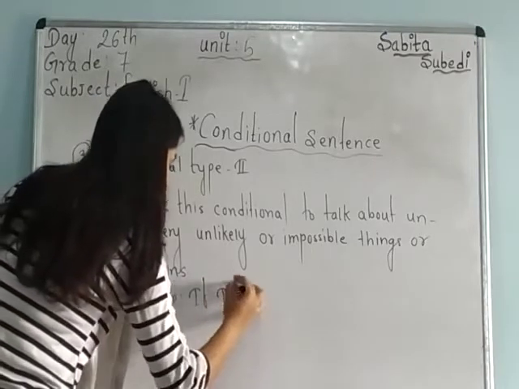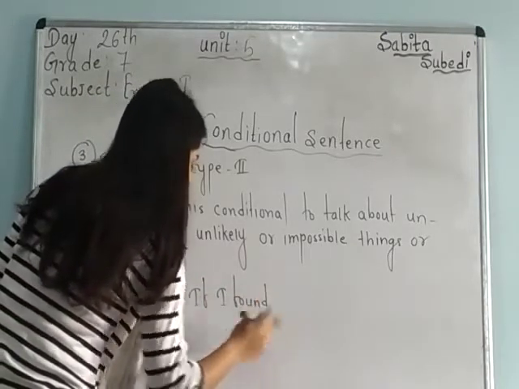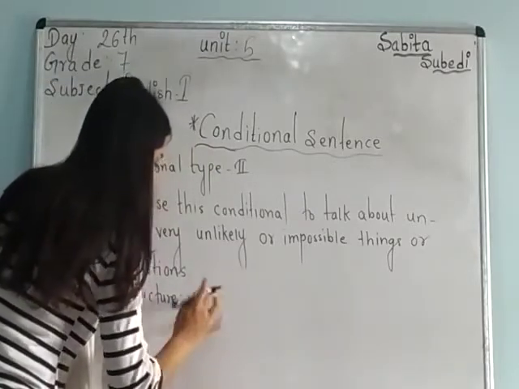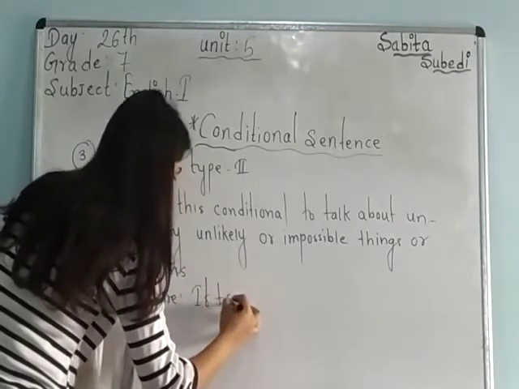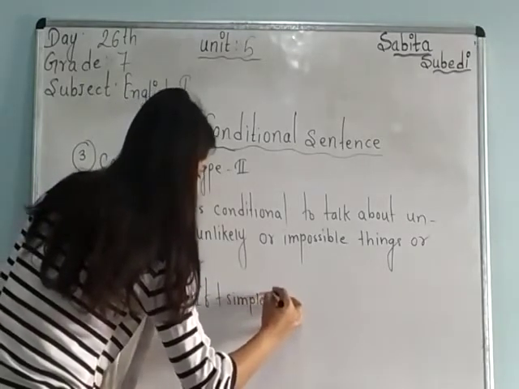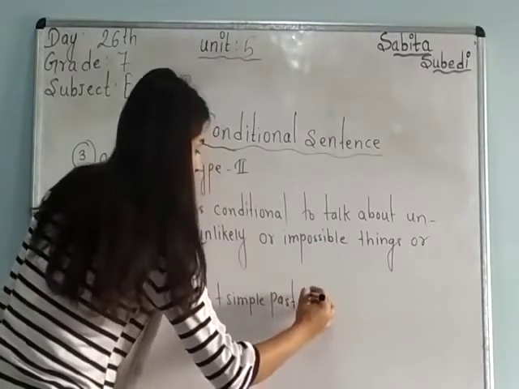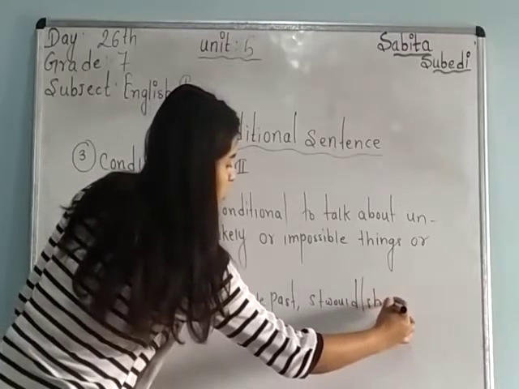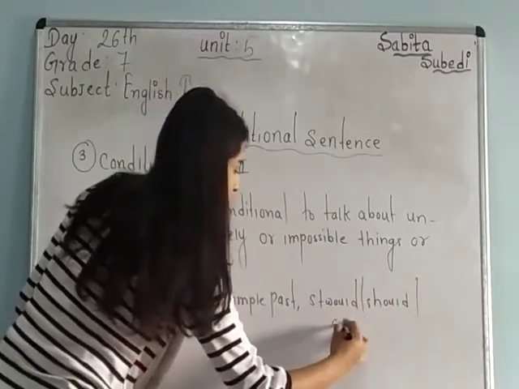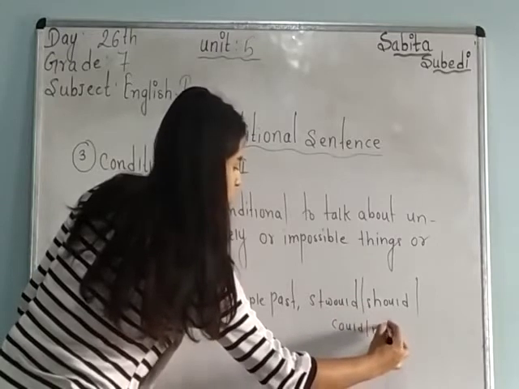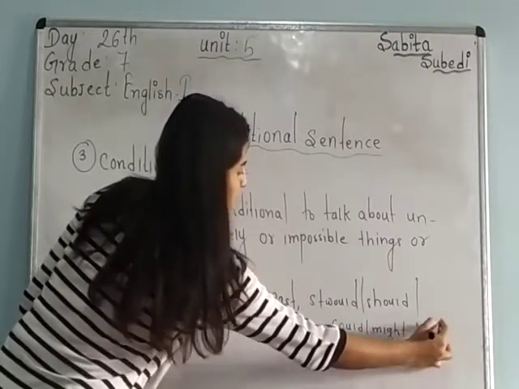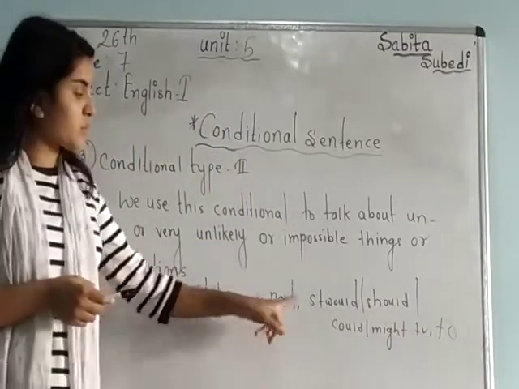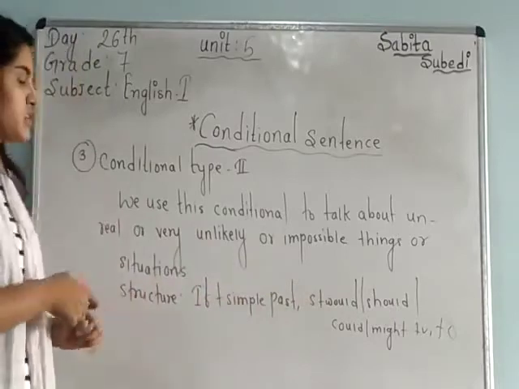Subject plus if plus simple past, subject plus would, should, could, might plus verb 1 plus object. So the structure will be: if plus simple past, plus would, should, could, might plus verb 1 plus object.